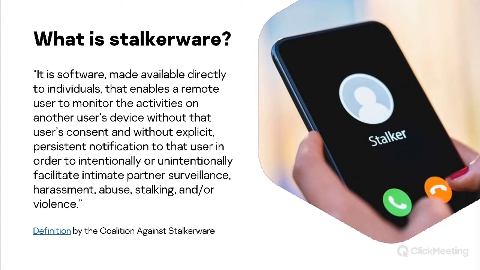And a very important feature of Stalkerware is that it stays hidden. It's a secret software. It's very hard to find if you don't know about it, because it stays hidden and remains secret.